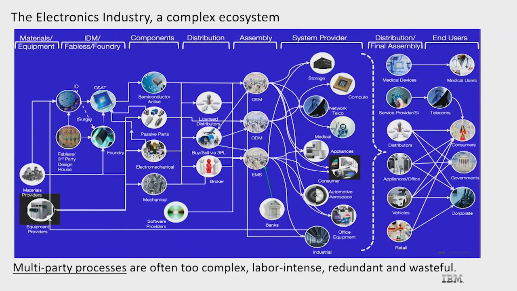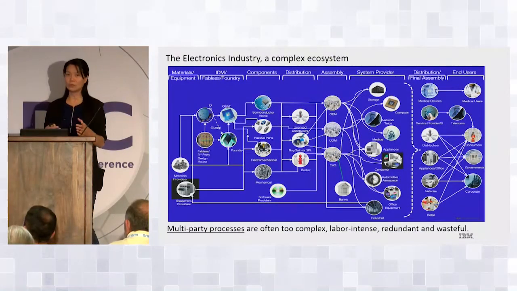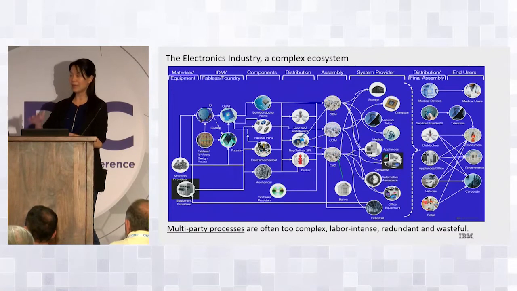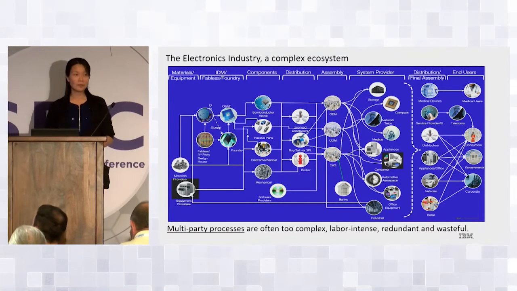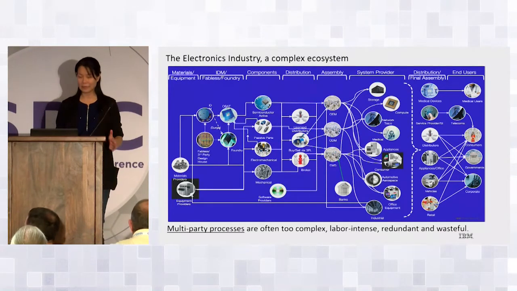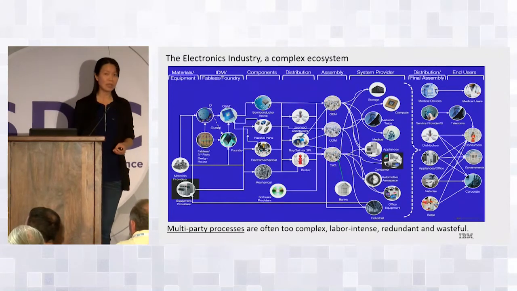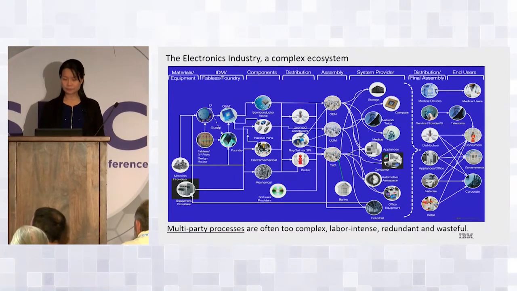Instead of mango, it's a package of components, resistors and capacitors, put into making that memory DIMM that shipped to a system integrator and ended up in a big cloud data center, right? So there are a lot of data silos in this very complex ecosystem. So it's another great opportunity to apply blockchain to help with our process.